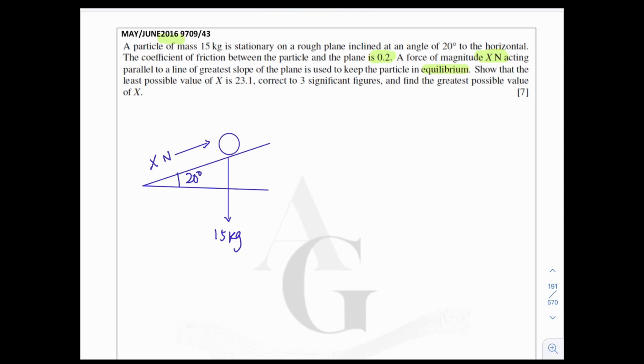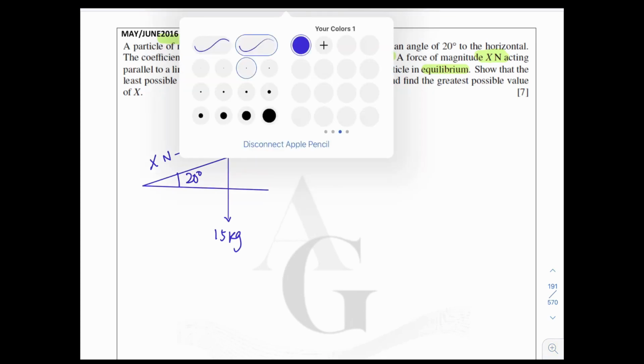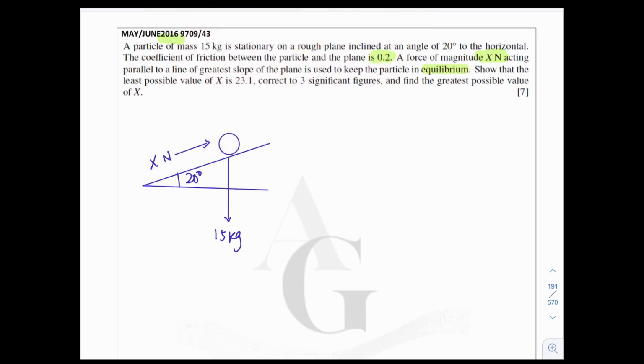Okay, so for an inclined plane, the first step is we have to resolve the weight here. So let's resolve it into parallel to the plane and perpendicular to the plane's direction.